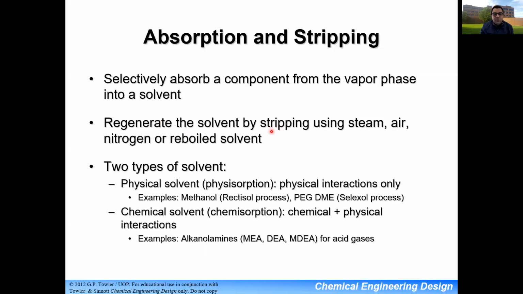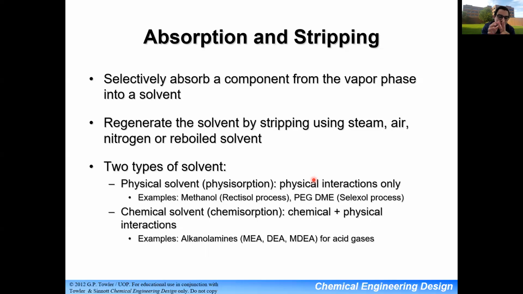And you regenerate the solvent by stripping using either steam, air, nitrogen, or a solvent. And there are two types of solvents. You have physical solvents, and physical solvents depend on the solubility, and solubility refers to the rate at which species A dissolves in species B.